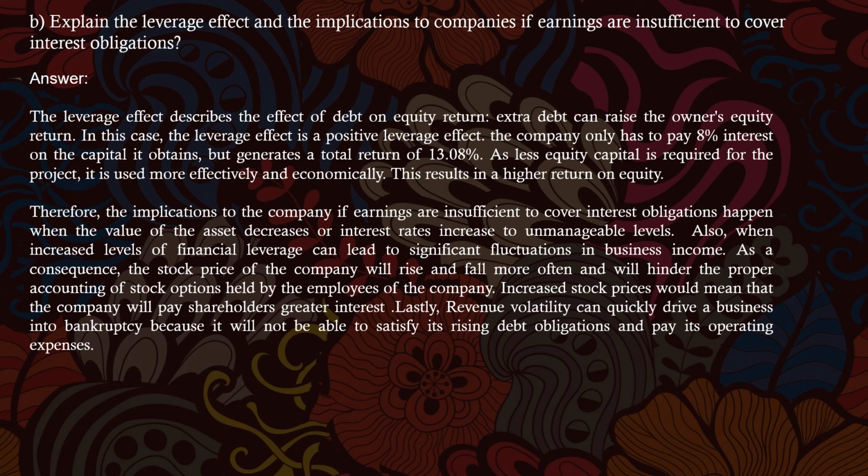Increased stock price will mean that the company will pay shareholders returns. Lastly, revenue volatility can quickly drive a business into bankruptcy because it will not be able to satisfy its rising debt obligations and pay its operating expenses.